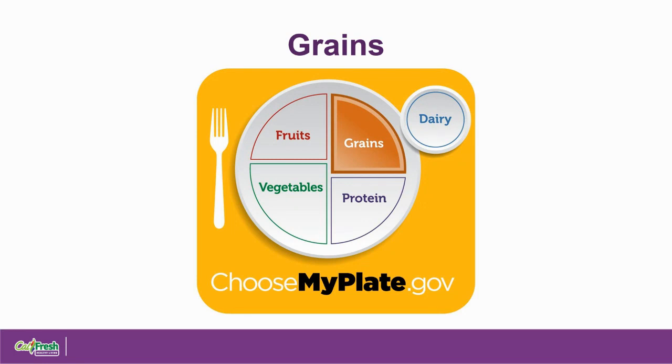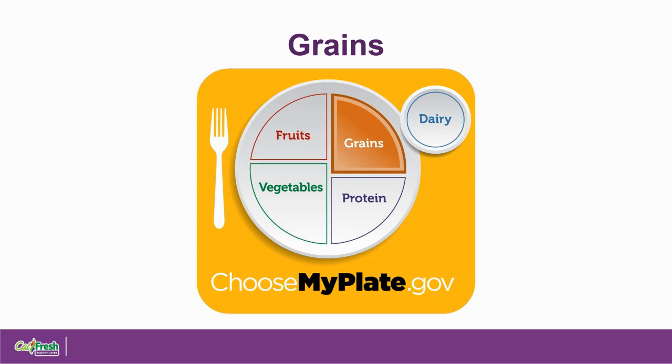The orange portion of the plate represents grains. MyPlate shows that about 1/4 of our plate at each meal should be filled with grains. At least half of the grains you eat each day should be whole grains. We will learn more about whole grains in another lesson.